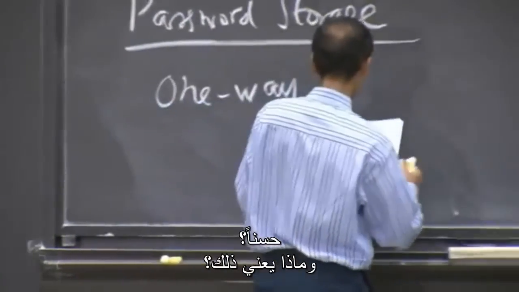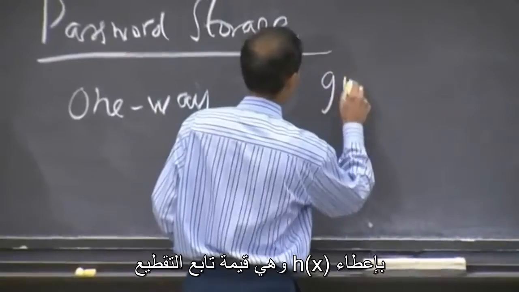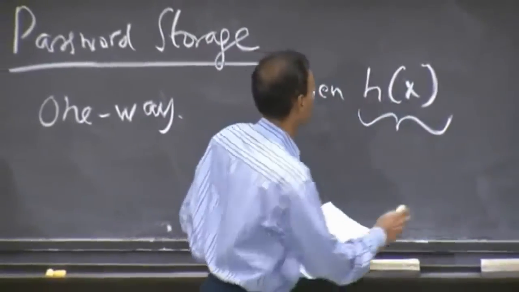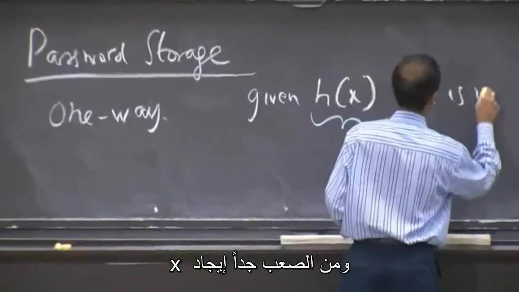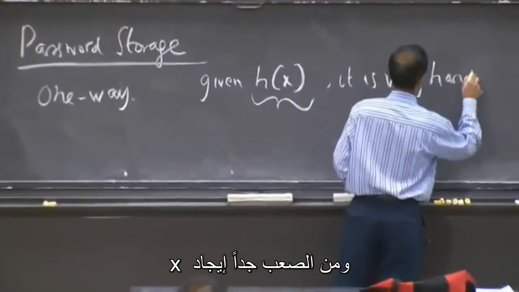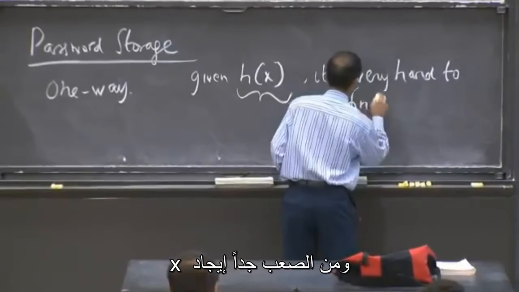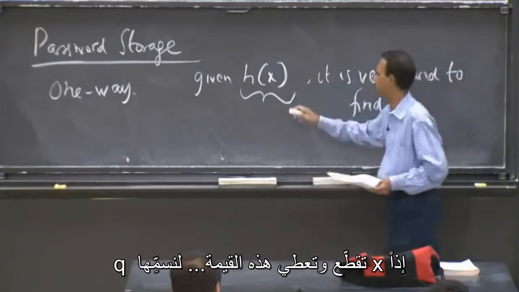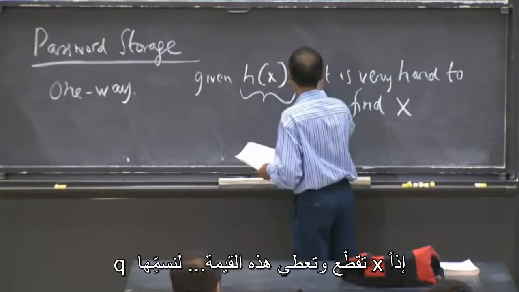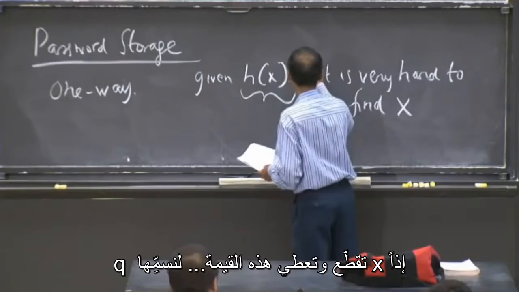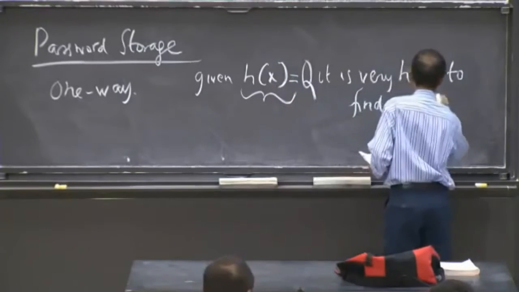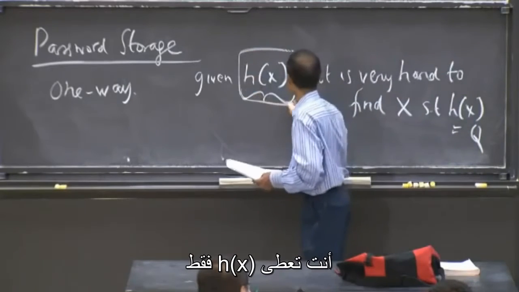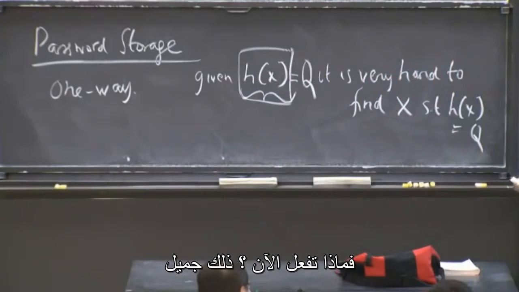Okay, and what that means is that given h of x, the value of the hash, it is very hard to find x such that x hashes to this value. So if h of x equals, let's call it q, then you're only given h of x. And so what do you do now?